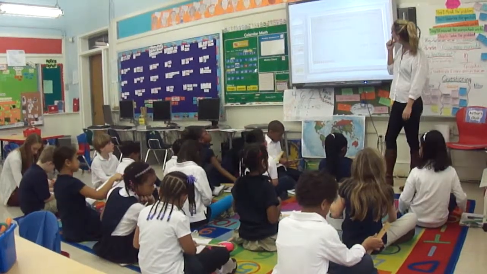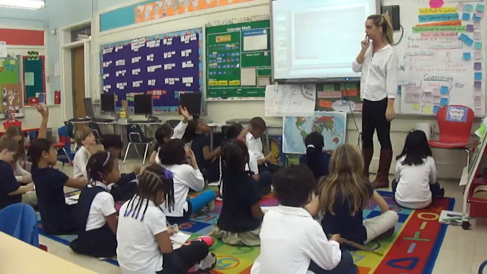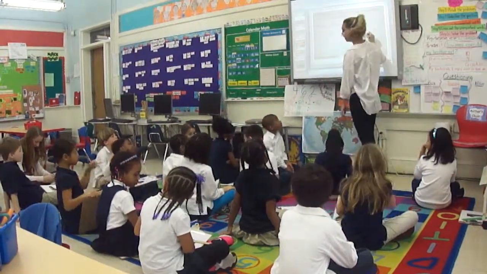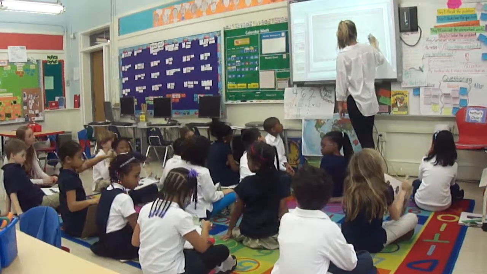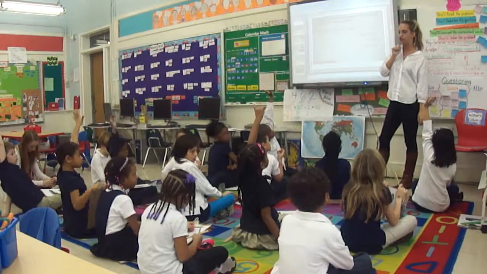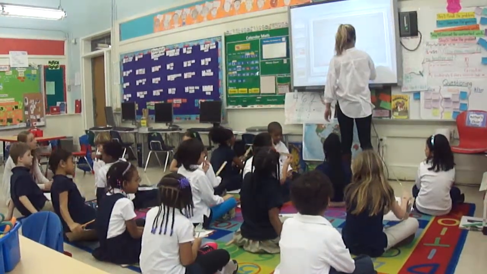Okay, so can someone tell me what they got for the smaller shoe? Linda? I got 2 inches. 2 inches? And what did someone get for the larger shoe? Joe? I got 5 inches.